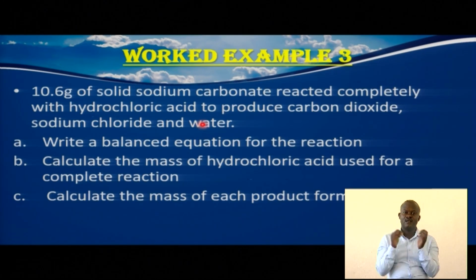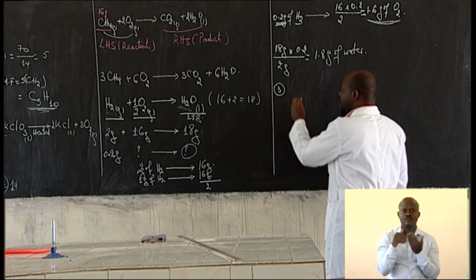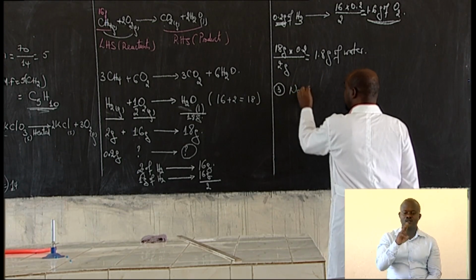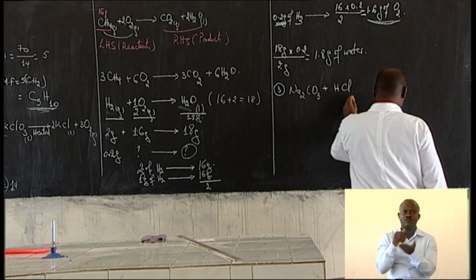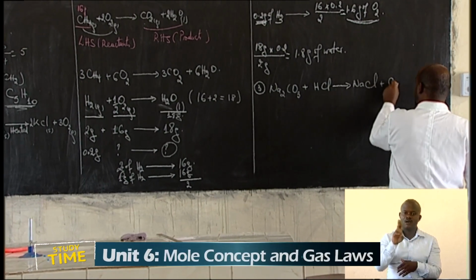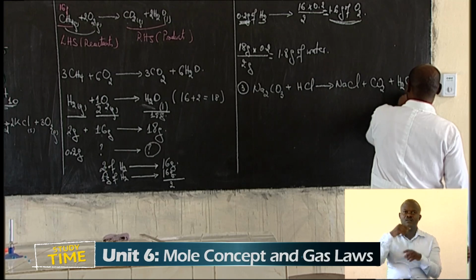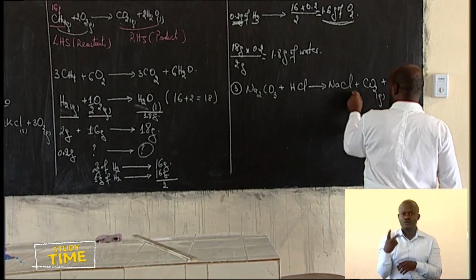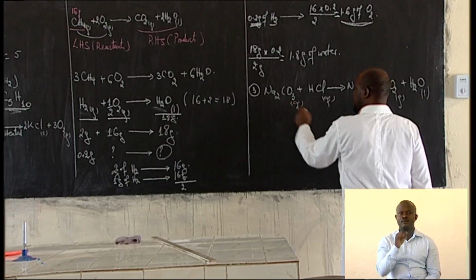And what I'm going to do for you is write the balanced equation. We have sodium carbonate reacting with HCl to produce sodium chloride plus carbon dioxide plus H2O, with the states aqueous, gas, and liquid.